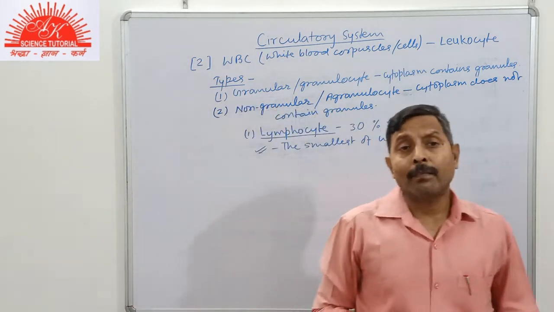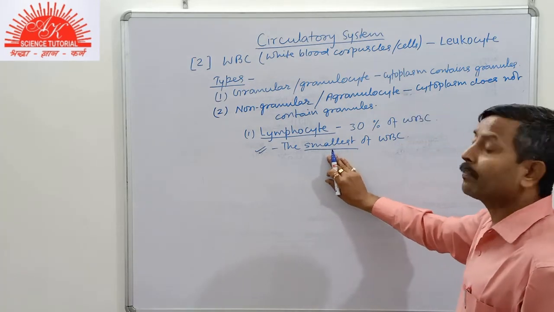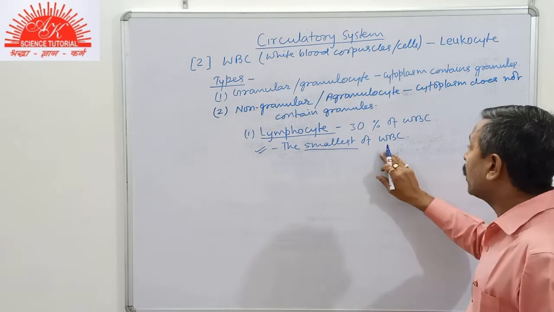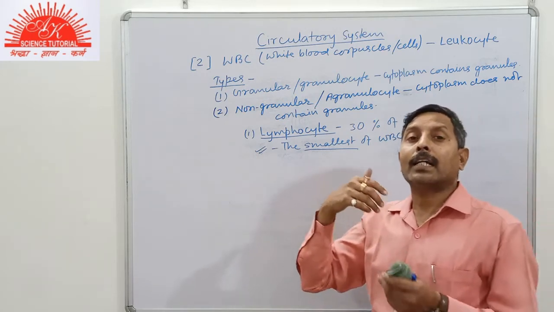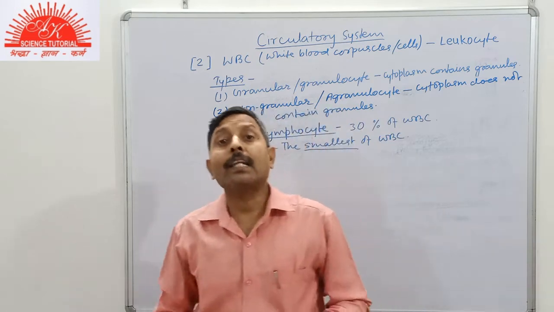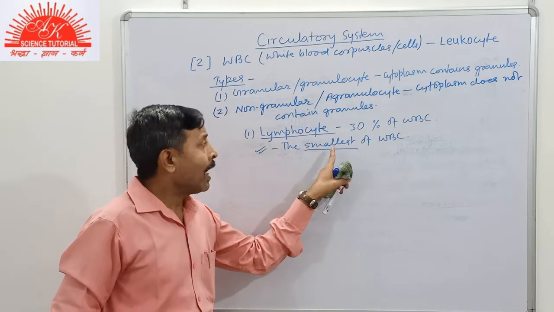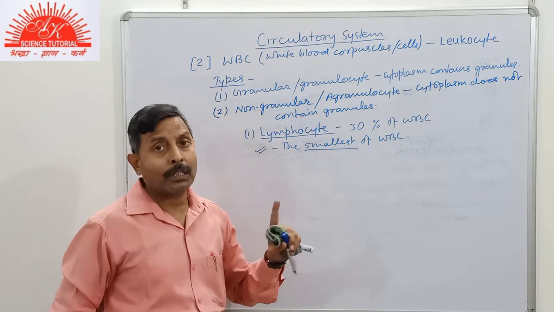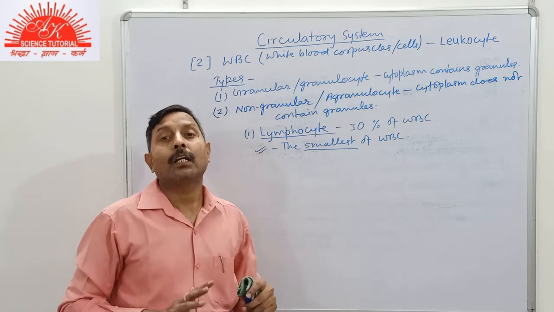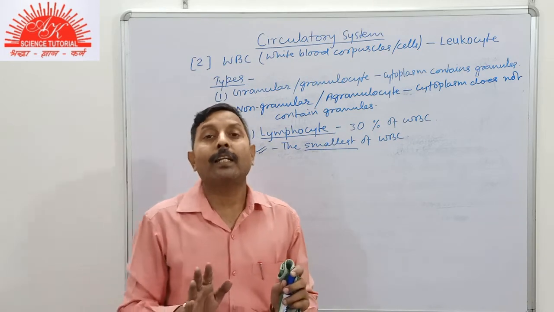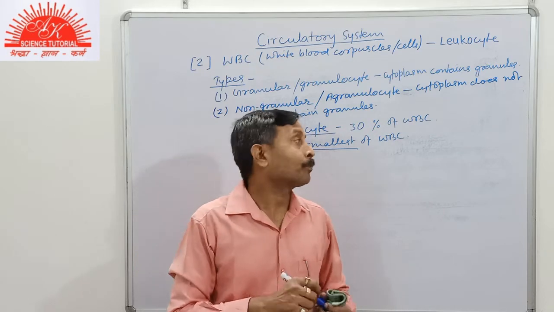Students, many times students remember this term from here, that it is the smallest of WBC. And when the question is asked, name the smallest cell in the human body, then many times they get mistaken and write lymphocyte. But here you remember, it is the smallest of WBC, whereas the smallest cell in human body is the RBC. Clear, student?